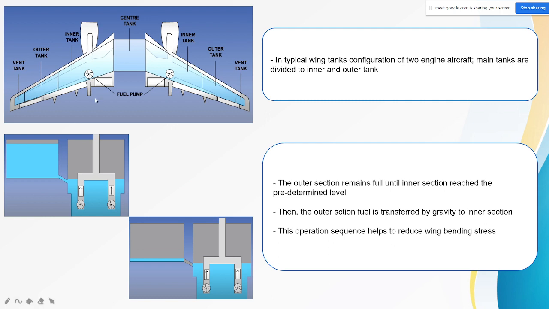Okay, I explain. Simple. When we see the picture here, the inner tank and outer tank are divided by a barrier. Actually, this barrier is not completely blocking the fuel in the tank. There are some spaces in the barrier.